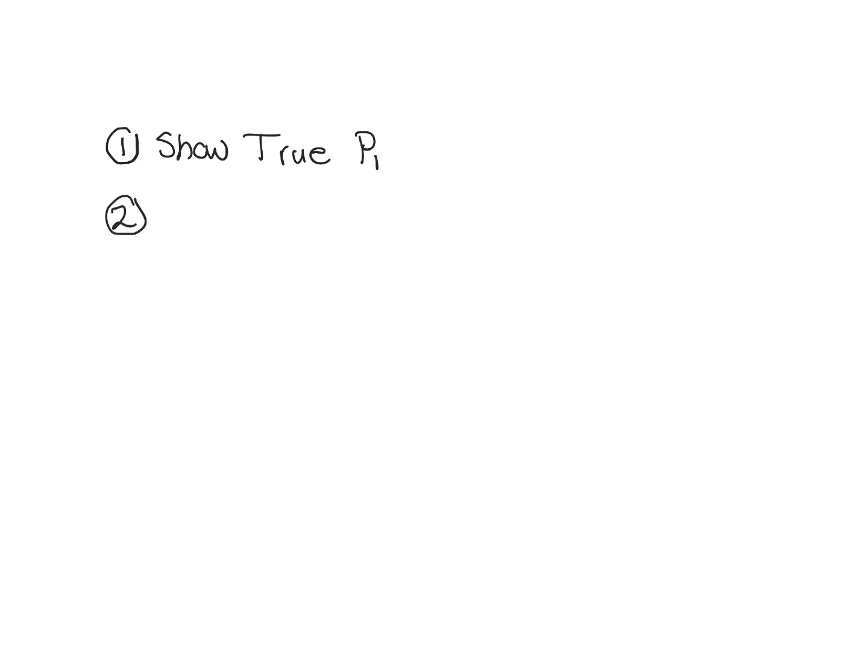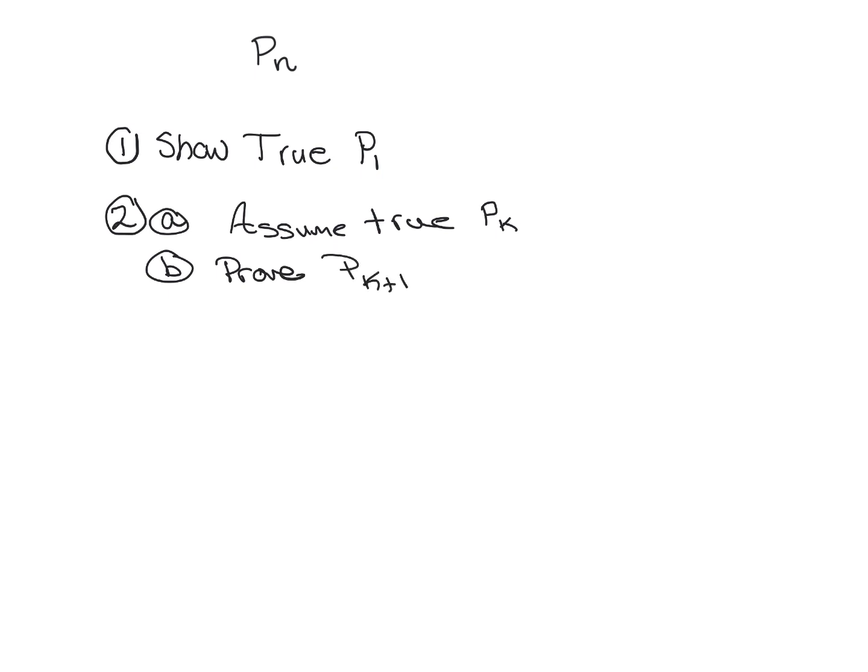Step 2a is assume true for p sub k. Because up here we start with some p sub n. So what does it matter if I change the n to k? They're just letters. It shouldn't matter. It should still hold true. And then b is that we prove p sub k plus 1, the next term.